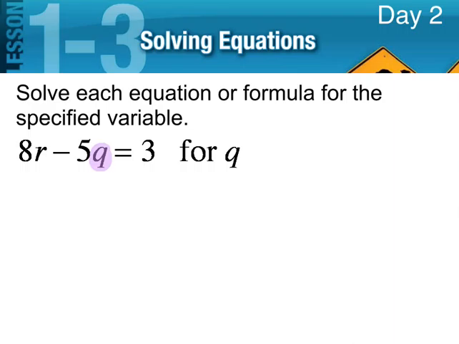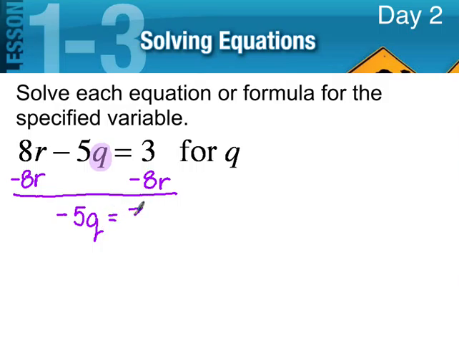I'm going to get rid of the 8r and move that to the right side. So now if I take 8r and I subtract 8r, I'm left with 0. And then I'm also left with a negative 5q. On the right side, you can't combine those two since they aren't like terms. So we leave it as 3 minus 8r.